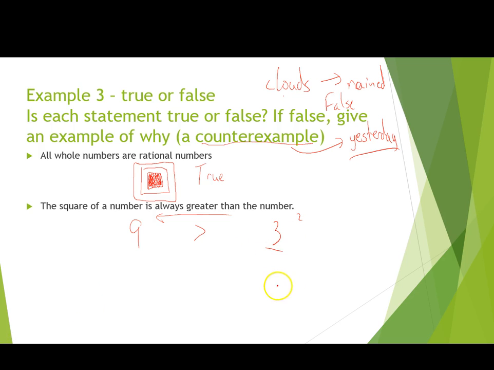At first, you could think of lots of examples where this is true. But there is a counterexample that proves this is false. The number 1, if it's squared, is not greater than its number. 1 is not greater than 1. When we square 1, we get 1. So this is a counterexample.